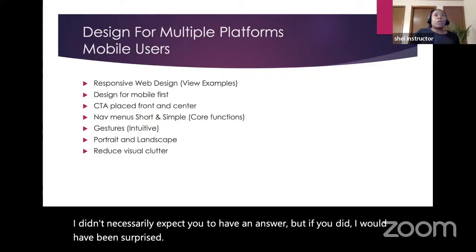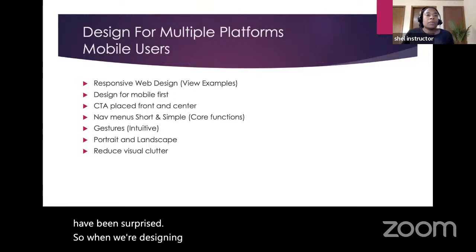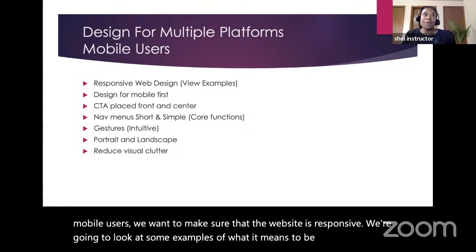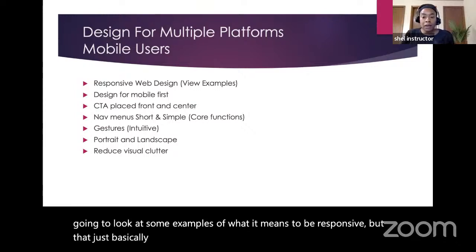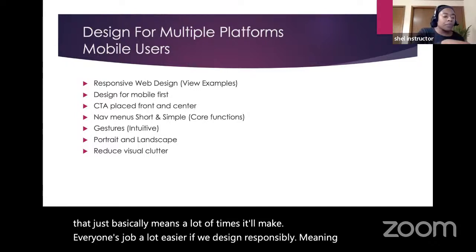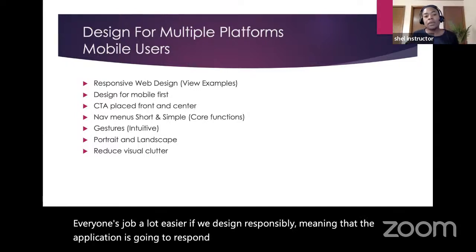Okay. So when we're designing for multiple platforms and we're designing for mobile users, we want to make sure that the website is responsive. We're going to look at some examples of what it means to be responsive. But that just basically means a lot of times it'll make everyone's job a lot easier if we design responsively, meaning that the application is going to respond to whatever device is viewing it.